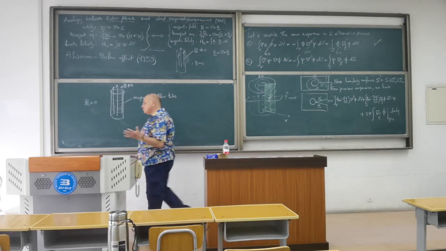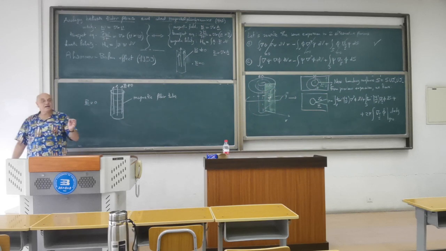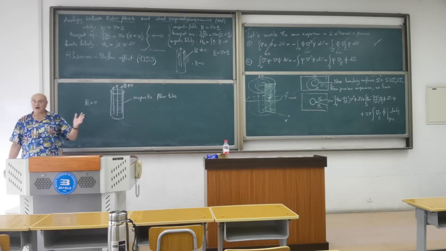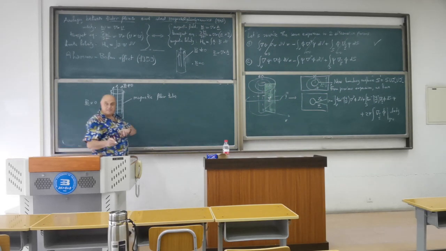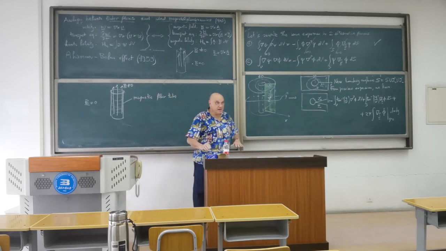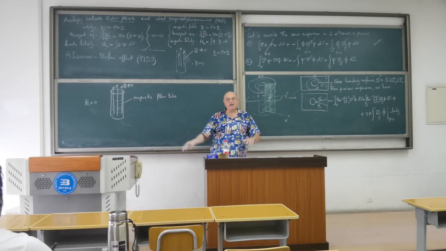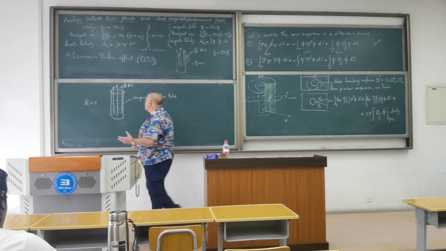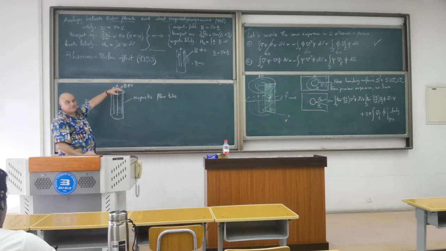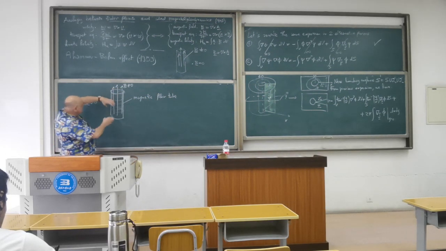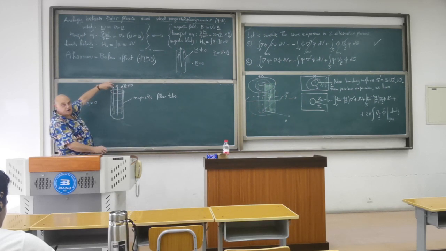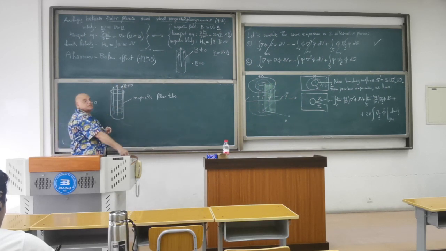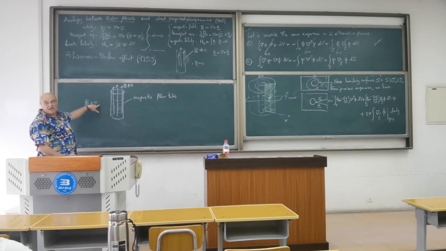Now, of course, B has no monopoles so far, so the divergence of B is zero. It means that this field may close on itself, but if the current is very intense and the solenoid is sufficiently long, then the field closes on itself far away. So a particle here doesn't feel any field outside.